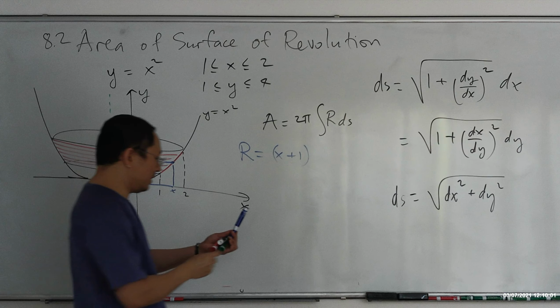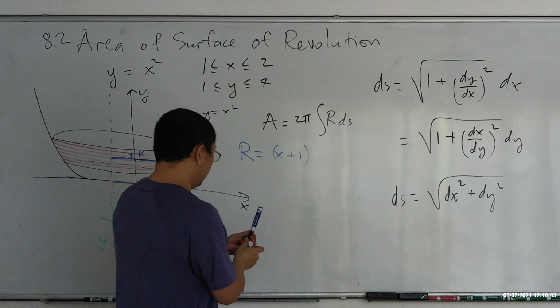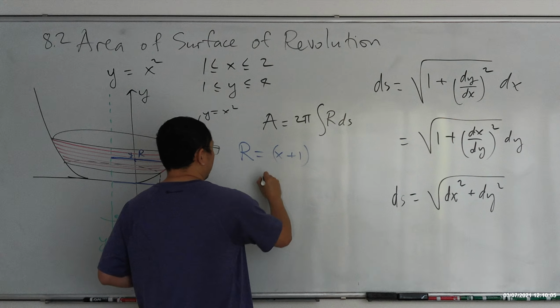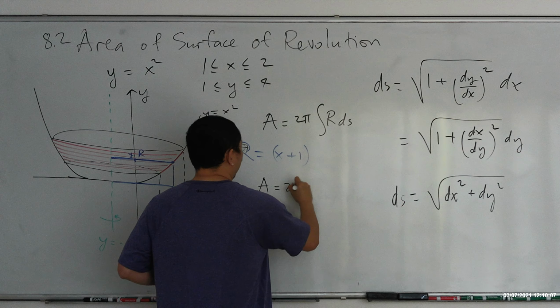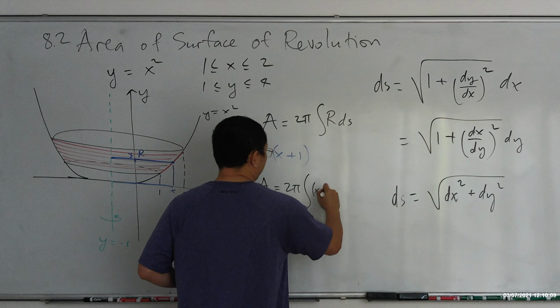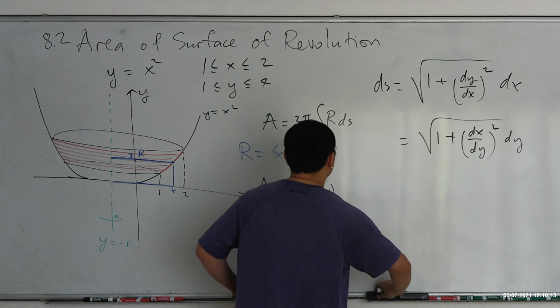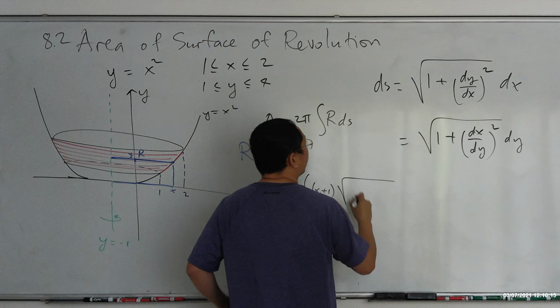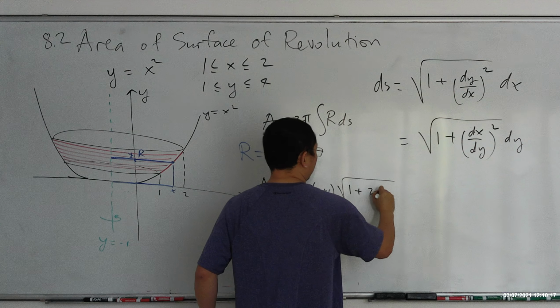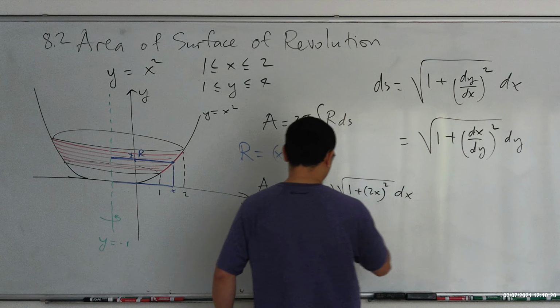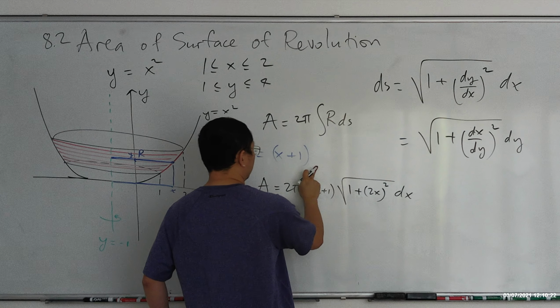Okay, so the problem now is 2 pi integral of x plus 1, which is the radius, times square root of 1 plus (2x) squared dx, running from 1 to 2 for x.